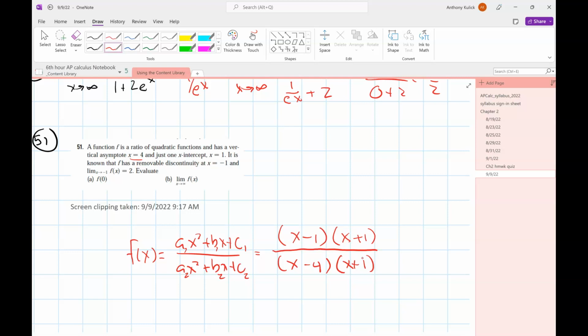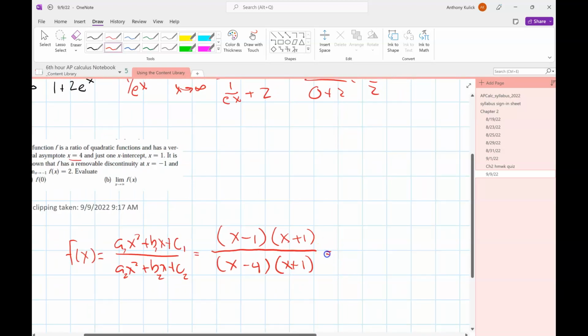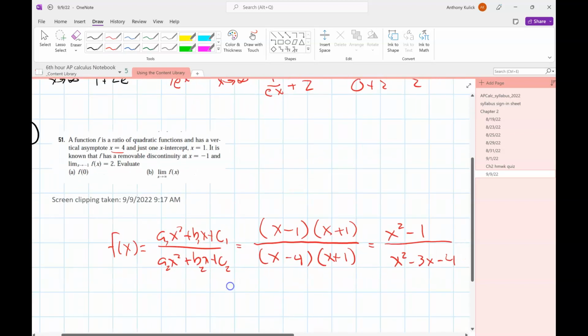Everybody so far so good? So if I FOIL this out, I have this. What I need to check now is this piece, to see if there's an extra coefficient floating around somewhere.